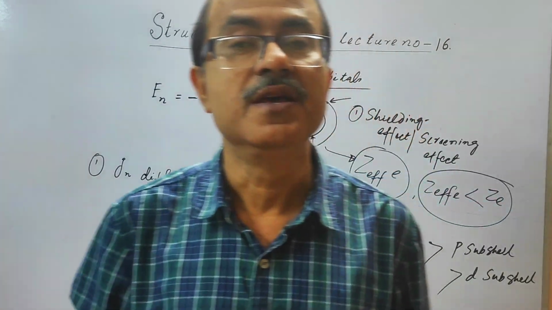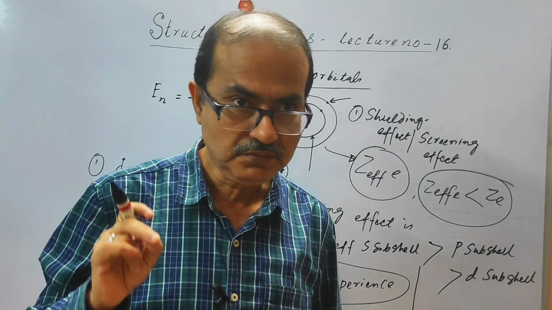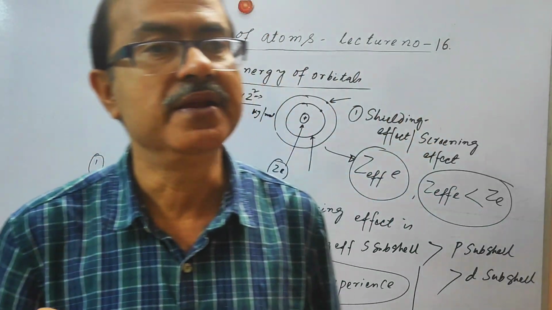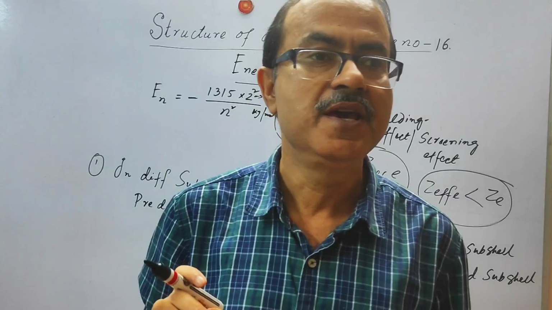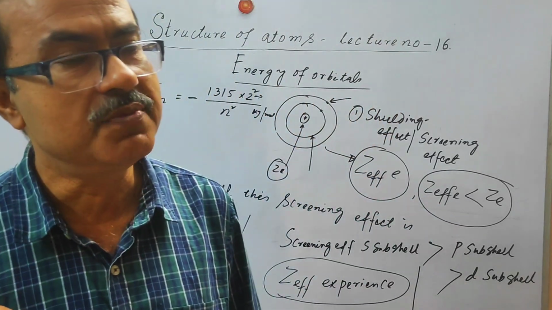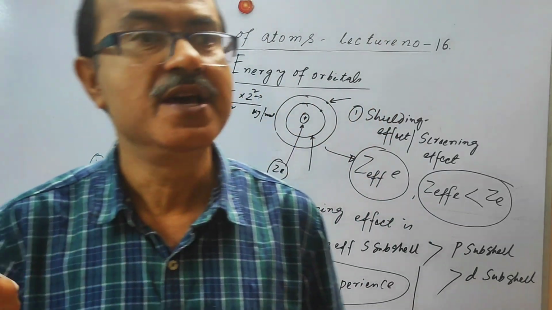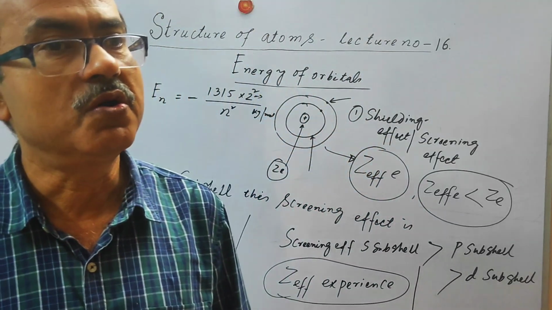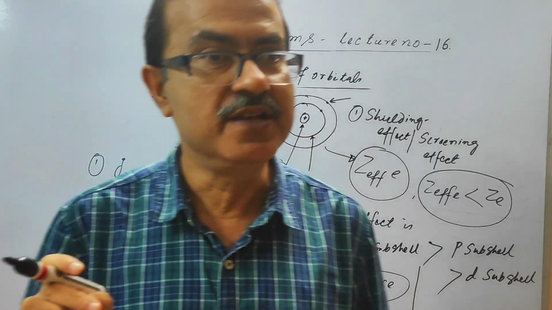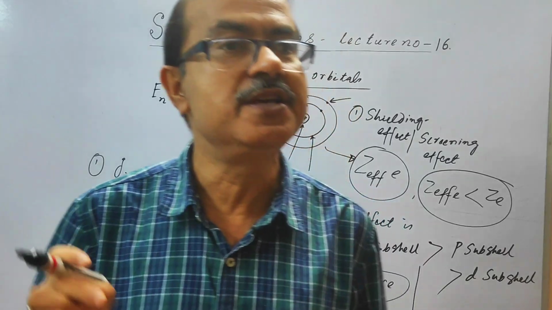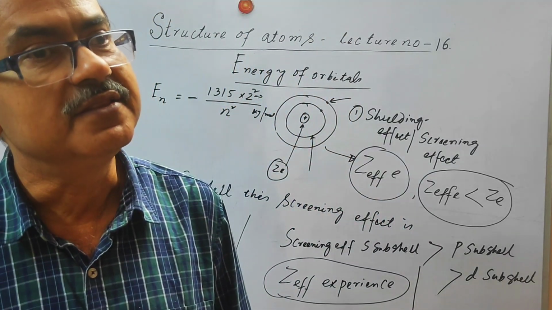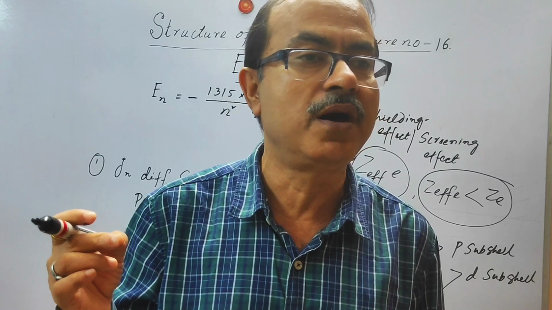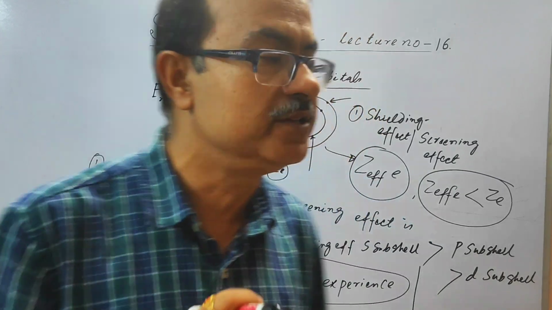That is the reason there is different energy in the orbitals of the different subshells. You can see the 1s orbital has less energy than the 2s orbital, and the 2s orbital has less energy than the 2p orbital, and 2p has less energy than the other orbitals in the energy level.